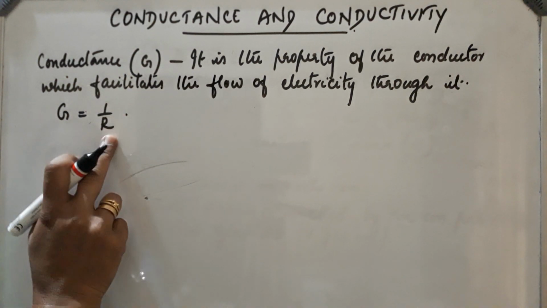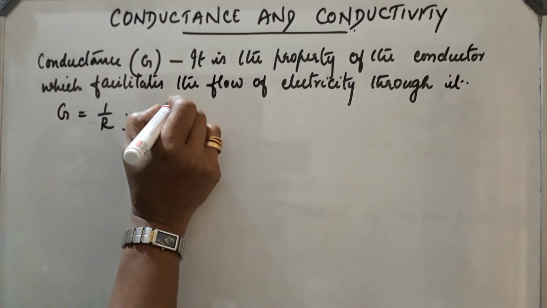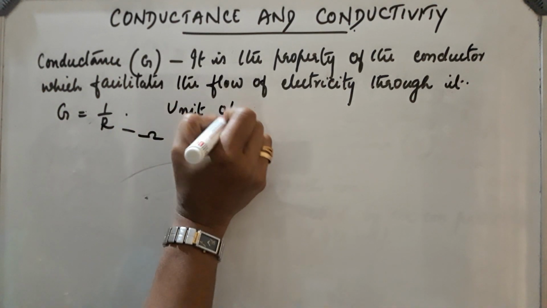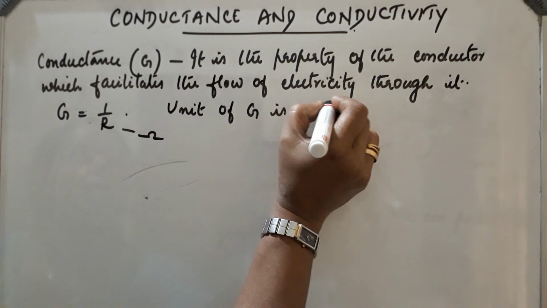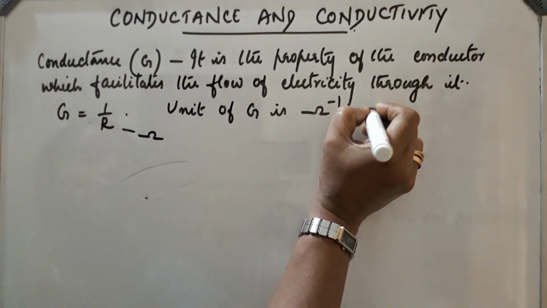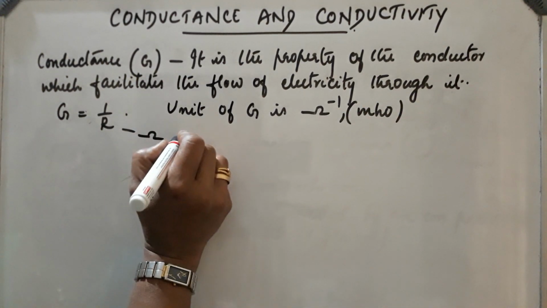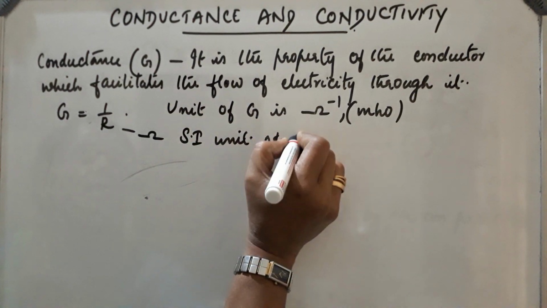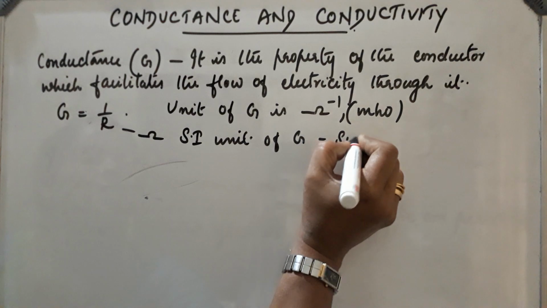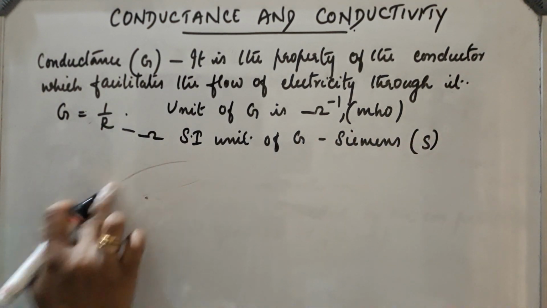The unit of resistance is ohm, and the unit of G is ohm inverse, or we can write mho. The SI unit of G is Siemens, denoted by letter S.